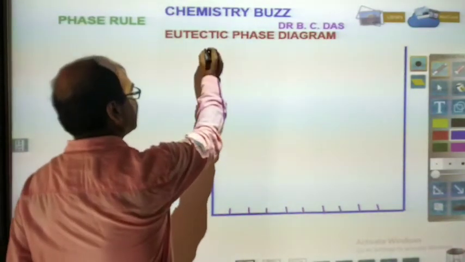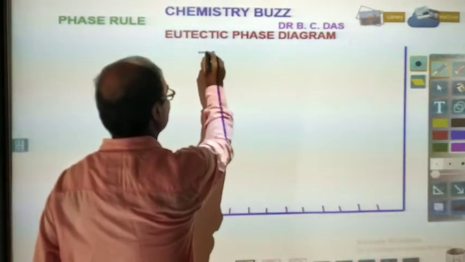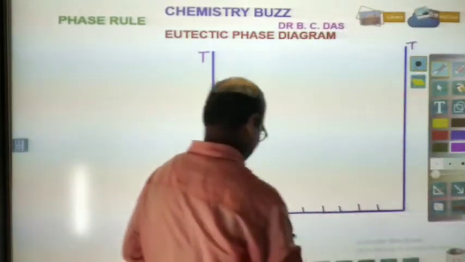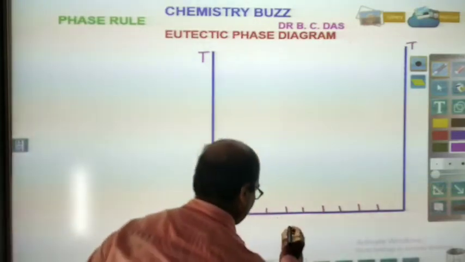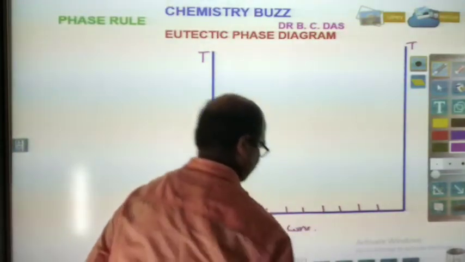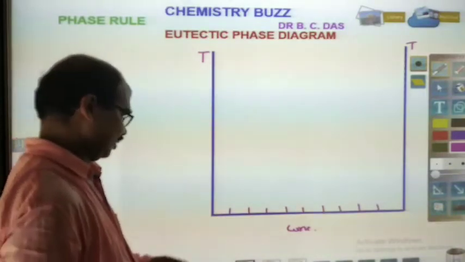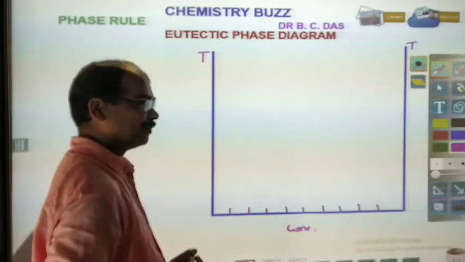On the y-axis, this is the temperature axis, and the x-axis is the concentration. In the concentration axis we can take the percentage composition or mole fraction.